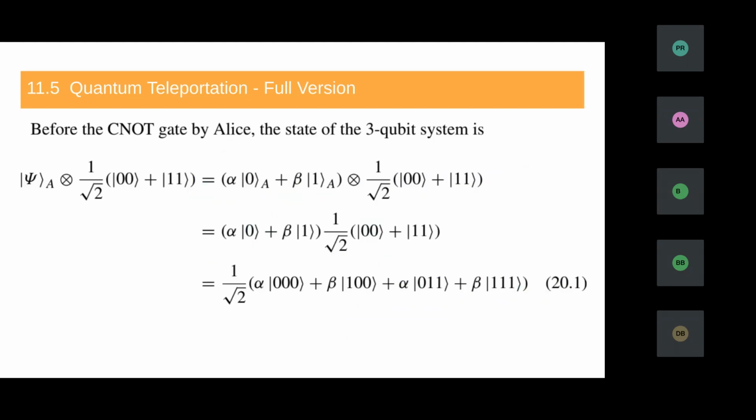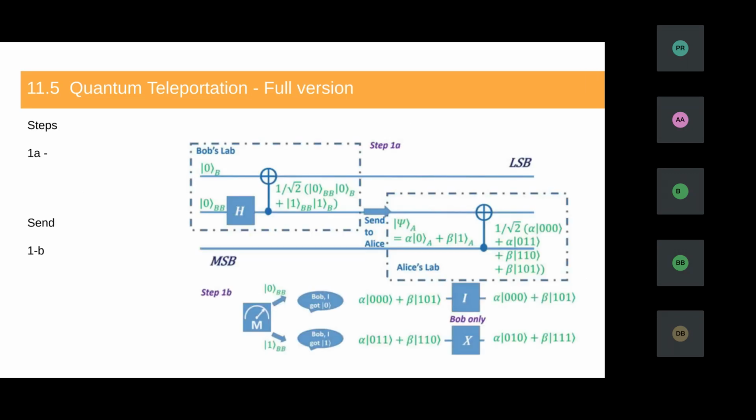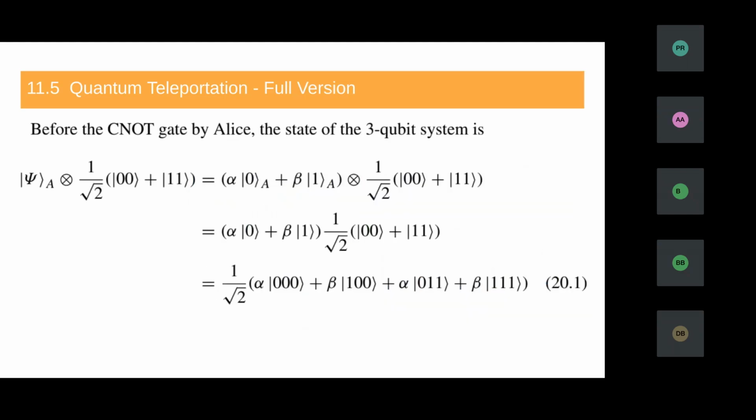So this is before the C naught gate. Alice has a 3-qubit state system, which in this case you can see here 1, 2, 3, 3 qubits, and 3 qubit states. What they are describing is you have whatever the state at A had, and if you take a combination which is a Bell state and do an exclusive OR, and then come up with numbers, something like what we do with the tensor product.